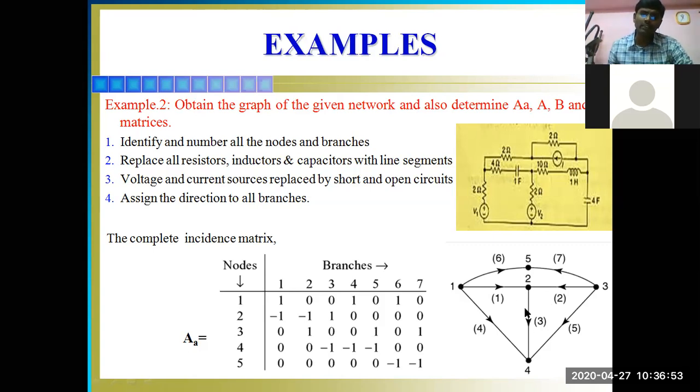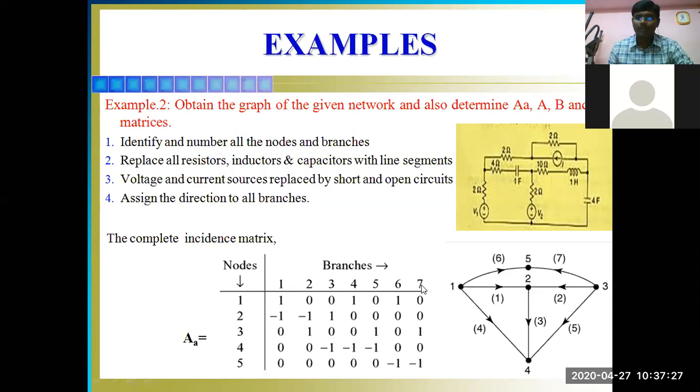See here, the first one, the complete incidence matrix, where the size is n by b: number of nodes by number of branches. How many nodes are there? 5 nodes. How many branches? 7 branches.